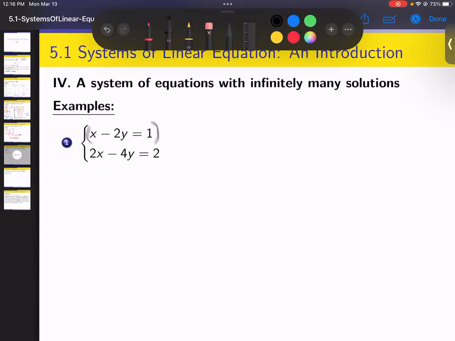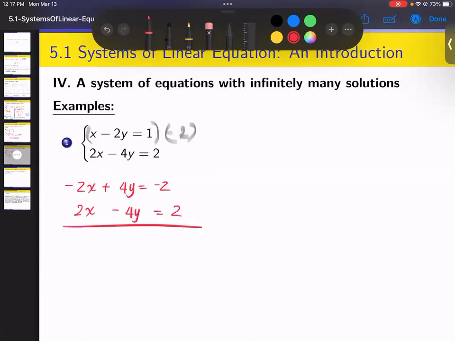I'm going to choose to eliminate y. So multiply the first equation by negative 2, because I need an opposite coefficient for y. Then I have negative 2x plus 4y equals negative 2. Rewrite the second one. Zero equals 0.